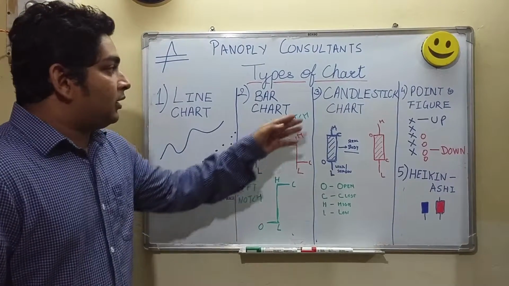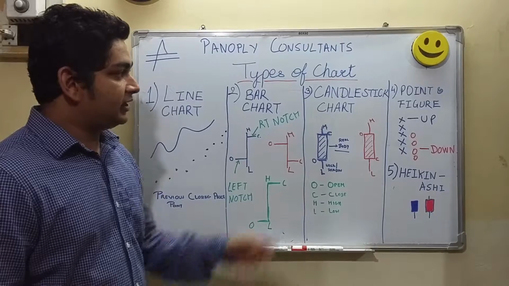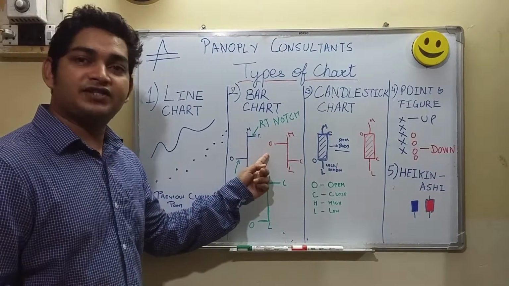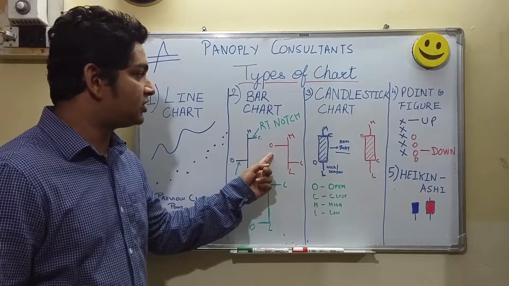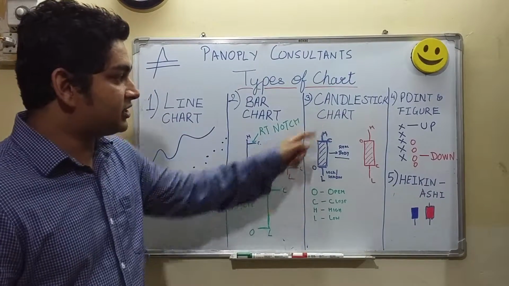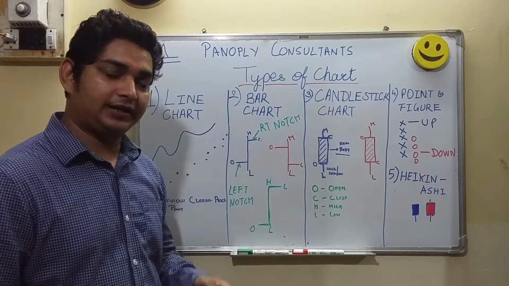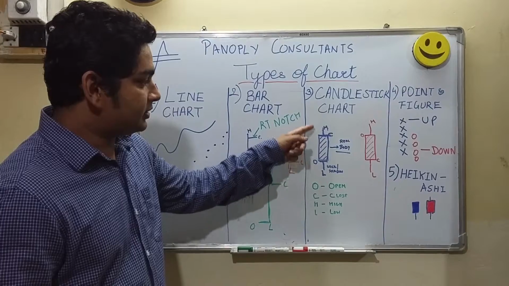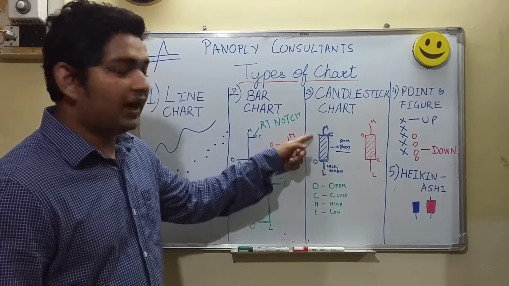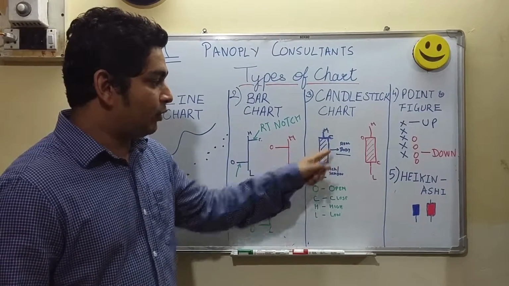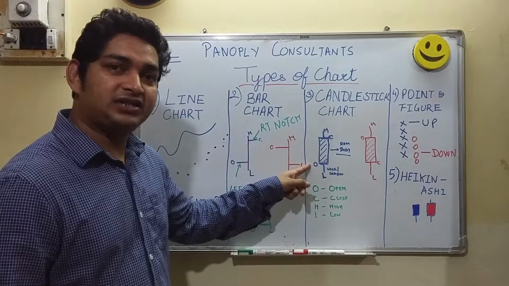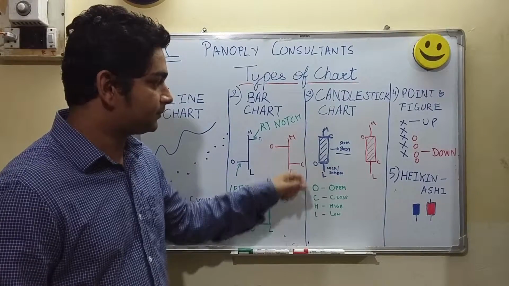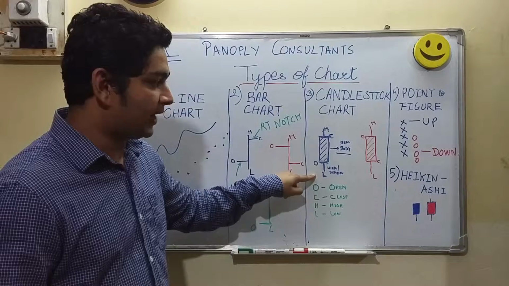A candlestick chart is a much more sophisticated visual representation of a bar chart. A candlestick chart is formed with the help of a candle, and the candle is basically made up of different parts: a real body, which represents the price differential between the open and the close, a higher price, and a lower price.